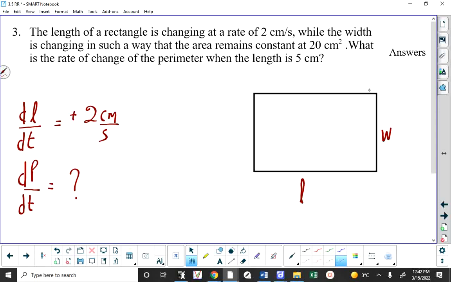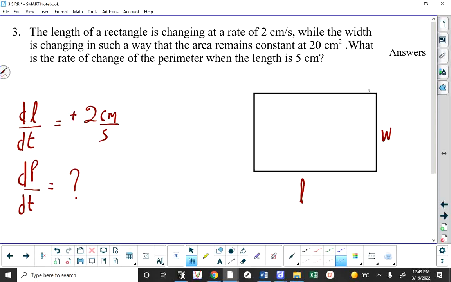I really like this question because I'm going to show you a couple of different ways that we could work around this whole width thing. One of them is to take this hardline approach. Since we don't know dw/dt, and it would be an additional unknown, we can't use W in whatever it is we're going to differentiate.